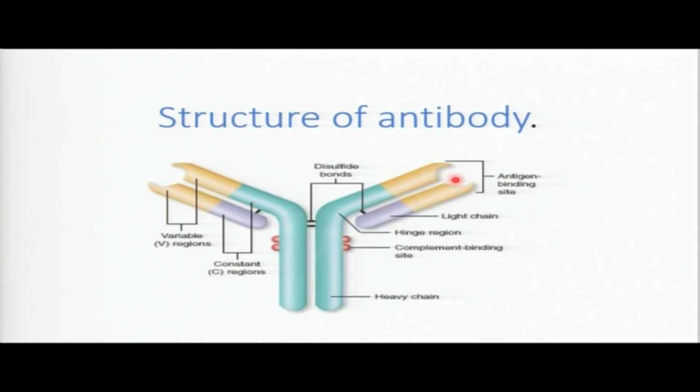And here, at the end of this chain, we have what you call the antigen binding site. That's where antigens will bind on the antibody. That's why antibody is also specific, because each antibody has only one antigen to bind with.